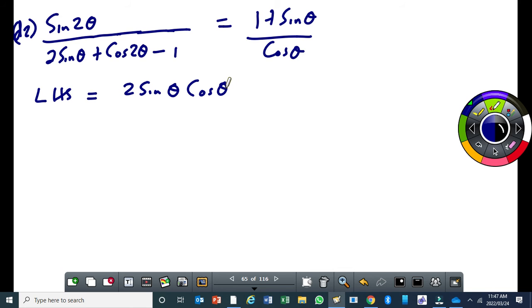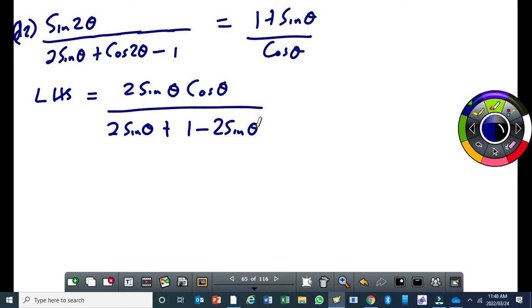So my suggestion here is to use this one here, so that we can have 2 sine theta plus, that one there, it's going to become 1 minus 2 sine theta squared obviously, then we have got minus 1.